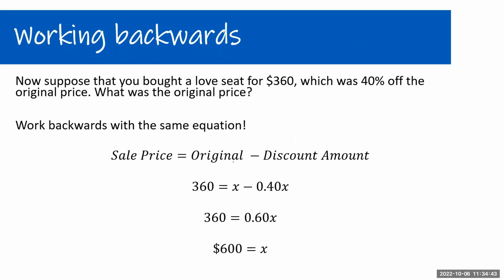but our discount amount is still going to be the percent as a decimal times the original, and X is our original. We're going to let X equal our original because that's what we're looking for. If we write this algebraically, we get 360 equals X minus 0.4X.